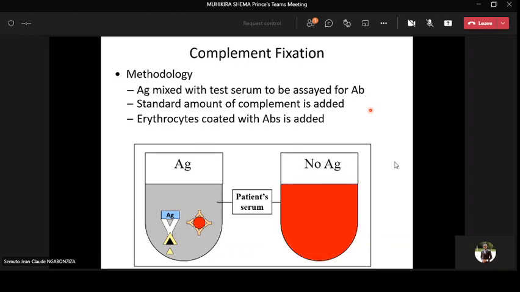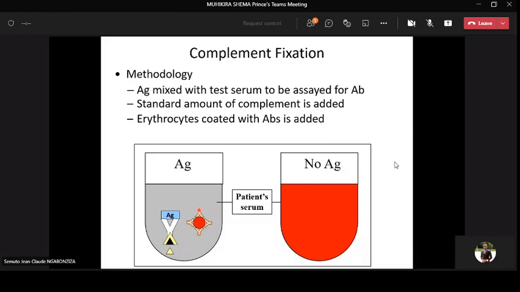While in case the complement is fixed, there will not be complement to destroy or hemolyze these red blood cells.